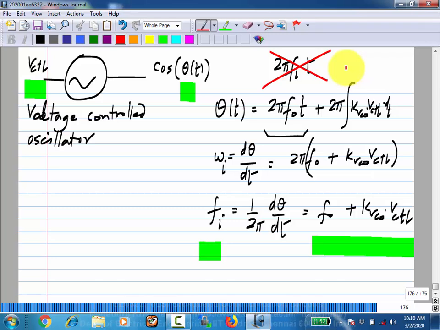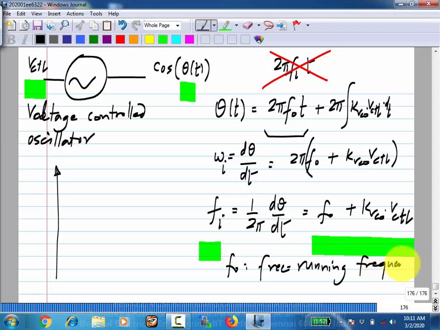Any questions? So clearly you can see that this f naught or omega naught, f naught is known as the free running frequency. Basically, if you take a real VCO and you plot its fi versus V control, okay, what you get will be some curve like this.